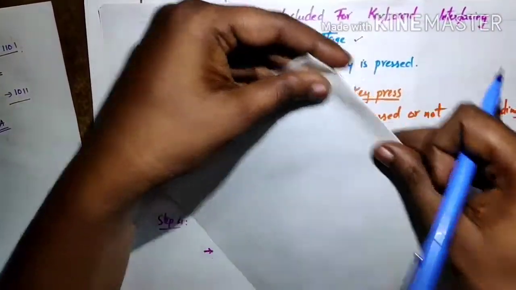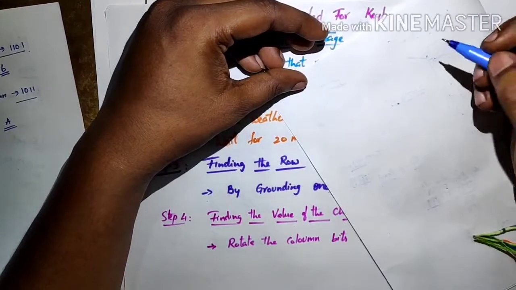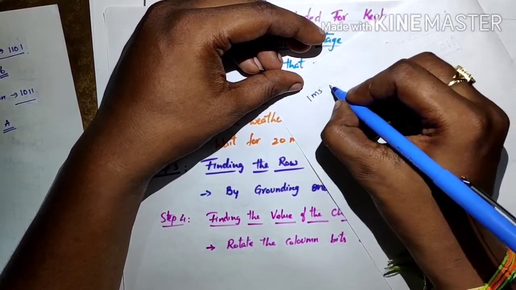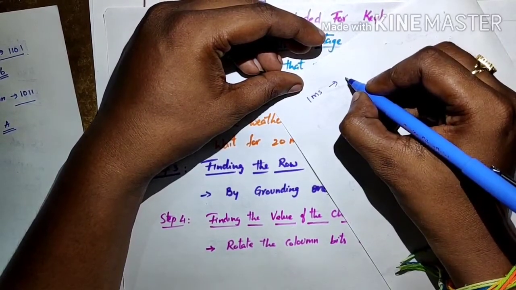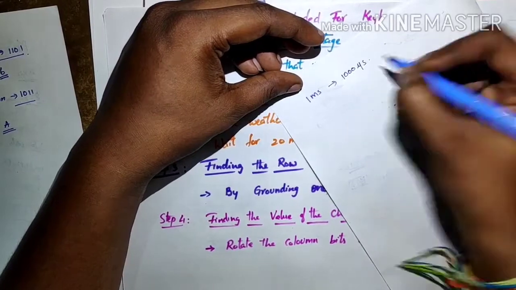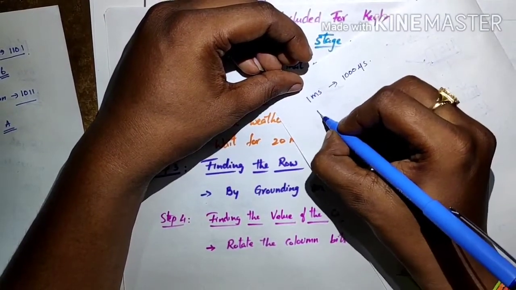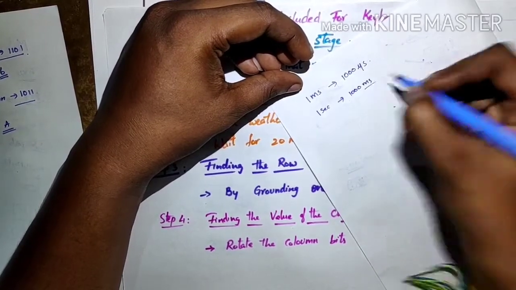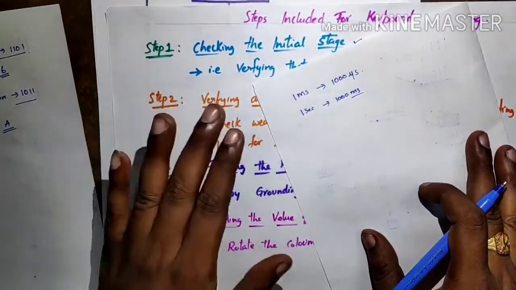This is a general question. We have to keep in mind that 1 millisecond is 1000 microseconds, and 1 second is 1000 milliseconds. Okay, so here we go.